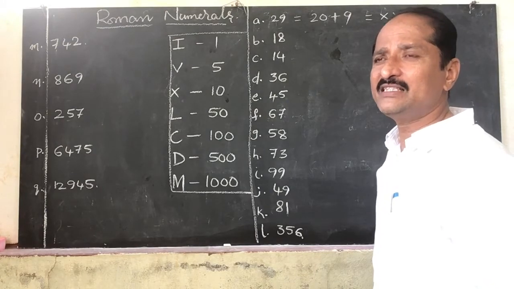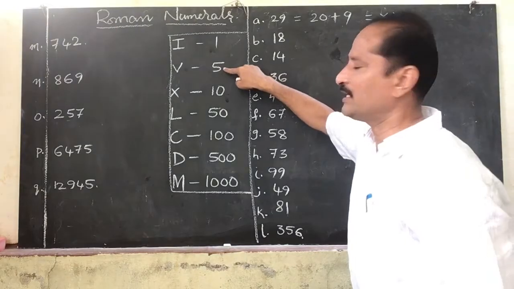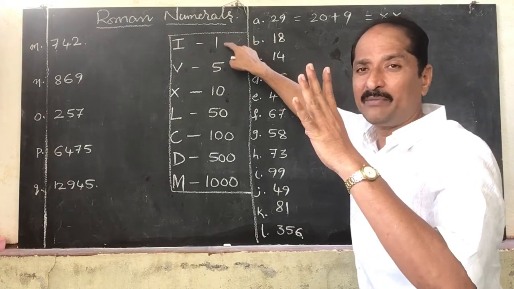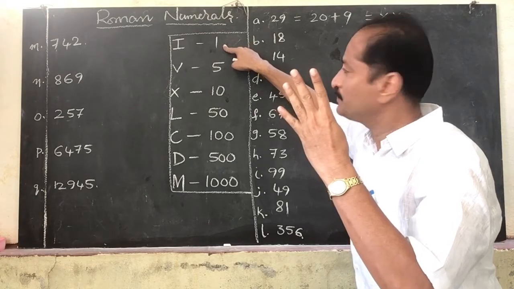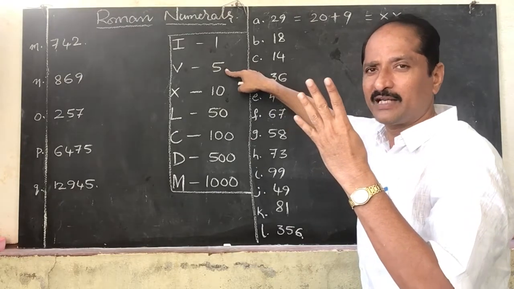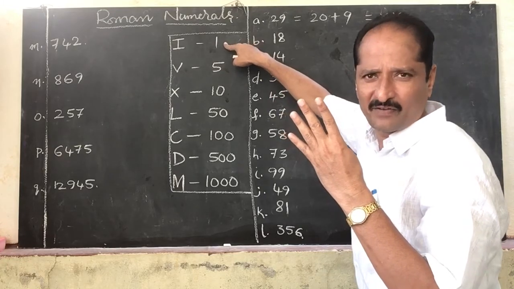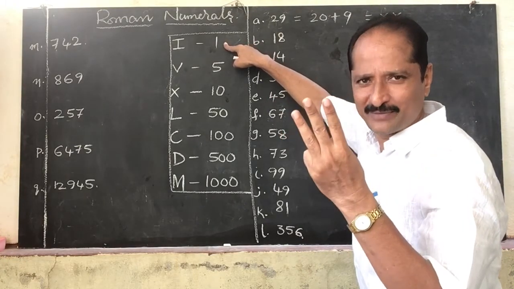9 means, where is this 9? 9 is in between 5 and 10. After 5, we have to write 4 ones. Now, can I be repeated for 4 times? No, we should not repeat. So what to do? 5 plus 4 is 9, but otherwise we can't write I for 4 times. Why? Because it can be repeated a maximum of 3 times only.